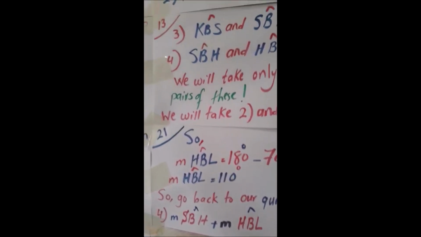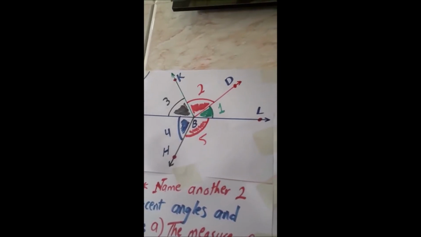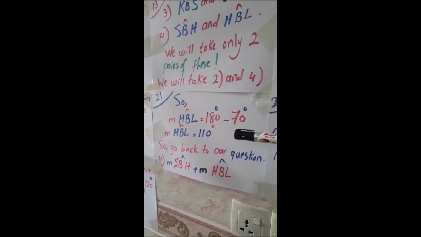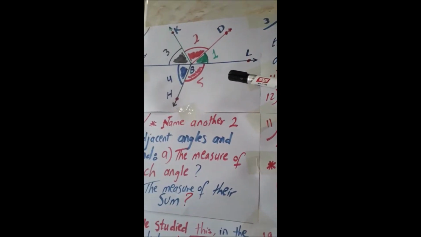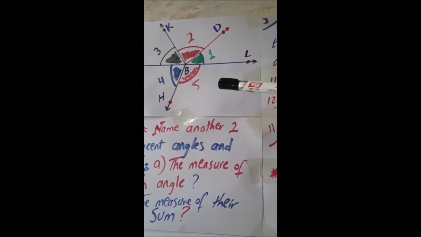And this is right because we say that this angle is big and it is obtuse. So guys, it's correct that the measure of angle HBL is 110. It is an obtuse angle, big as you see in the figure, and one of the properties of the obtuse angle is that its measure is greater than 90 and less than 180.